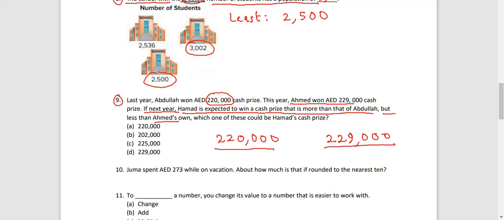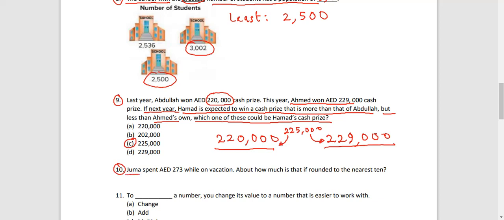So it's going to be between these two numbers. Which one of these could be Ahmad's cash prize? Look for a number that falls in between these two numbers, and that's going to be 225,000. It is more than this but less than this.